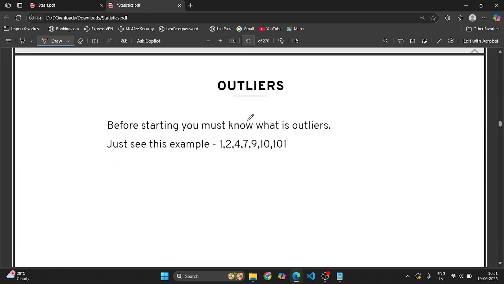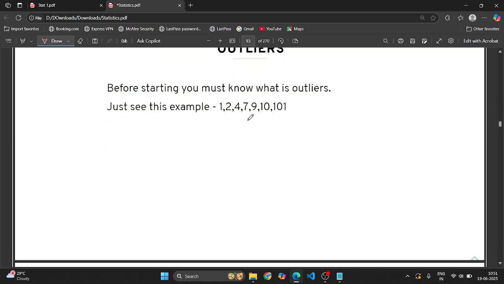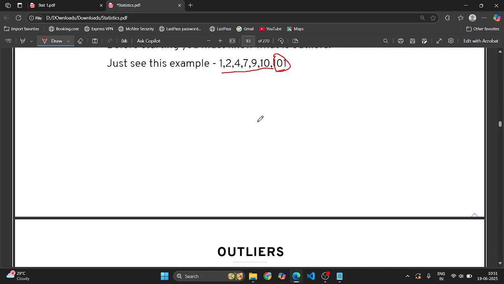Now the outliers. Before starting, you must know what outliers are. See this example. An outlier is nothing but a value that has a very large difference from the group of data. Like 101 is so far from all this data, so it's an outlier.